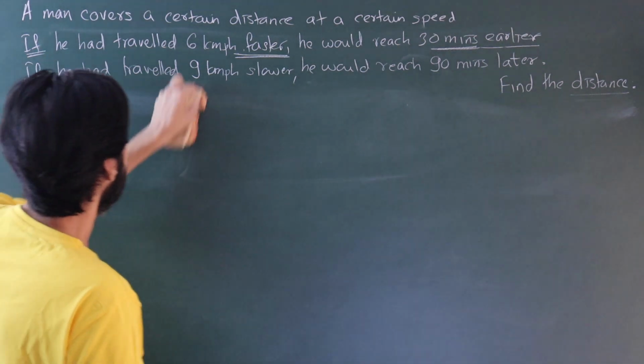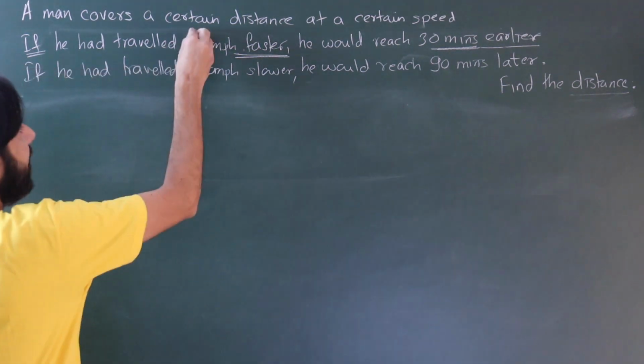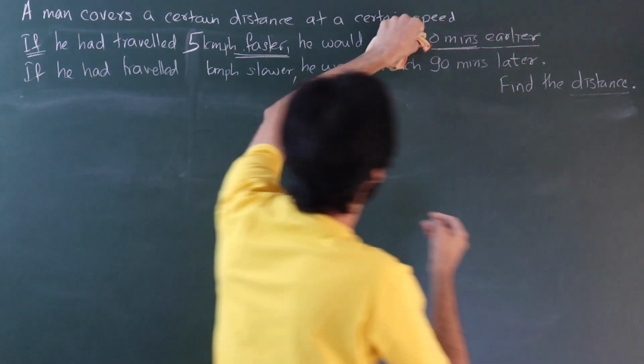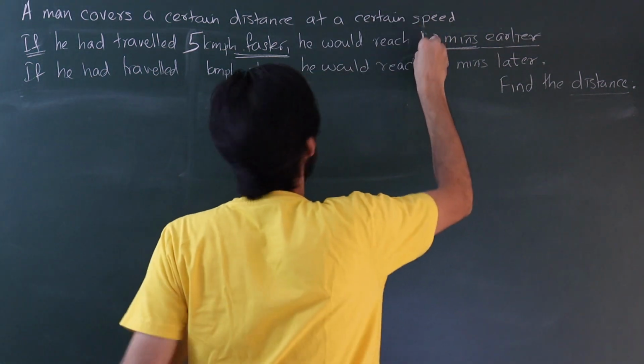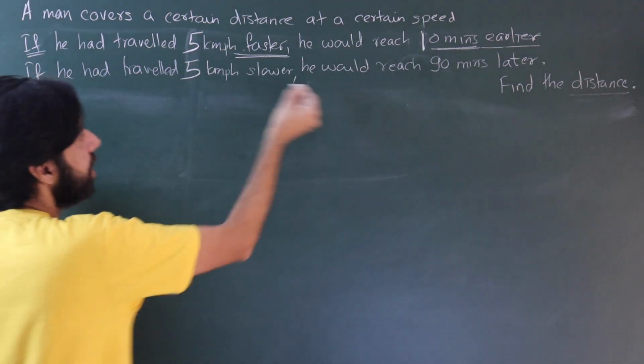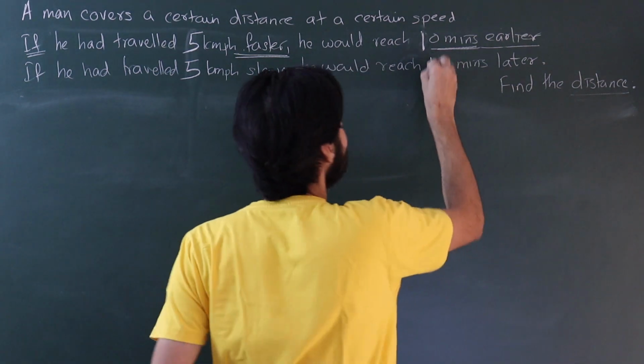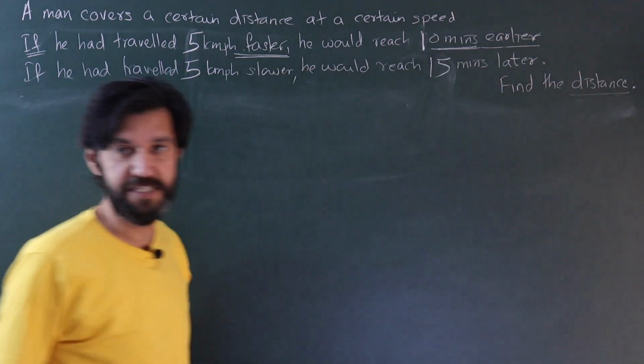What if the date goes 5 kilometers faster, I would reach 10 minutes earlier. Goes 5 kilometers slower, I would reach 15 minutes later. Find the distance.